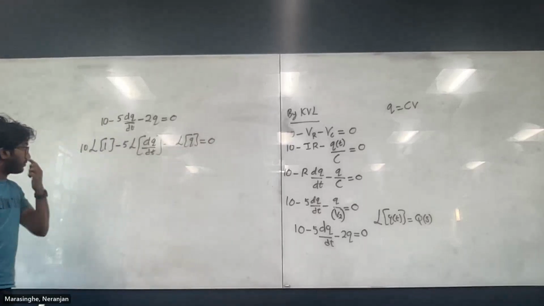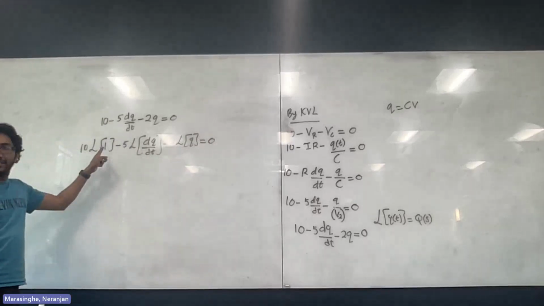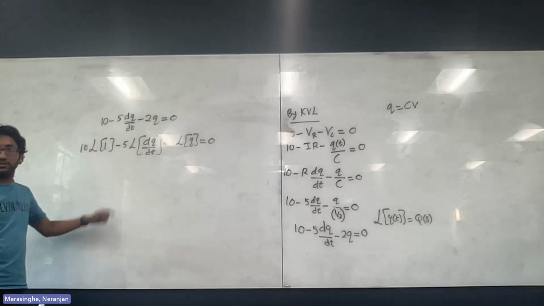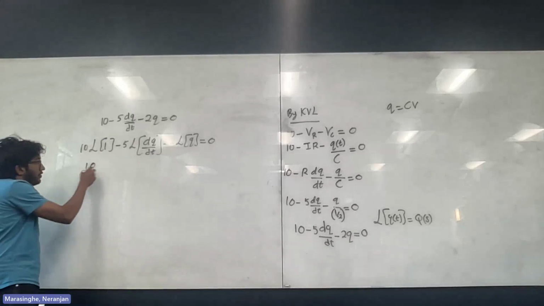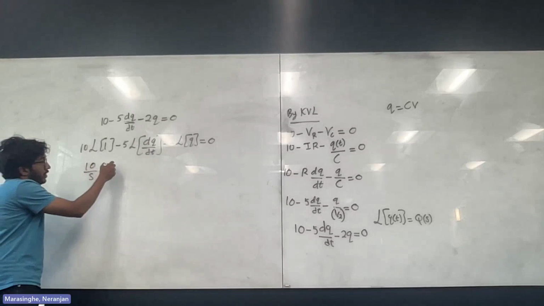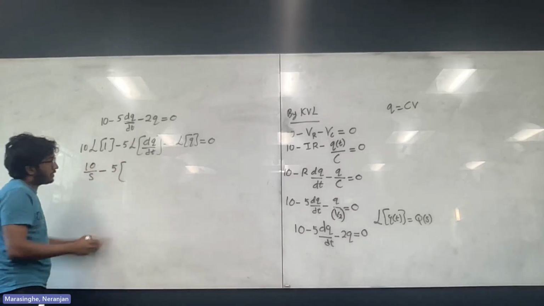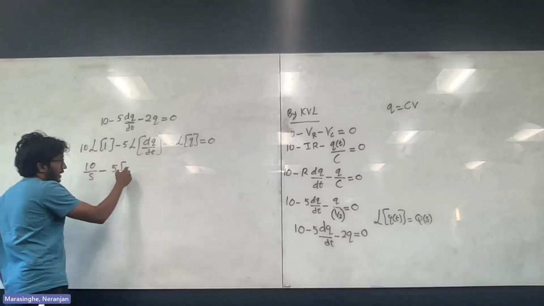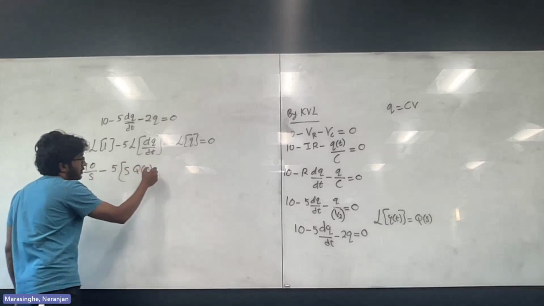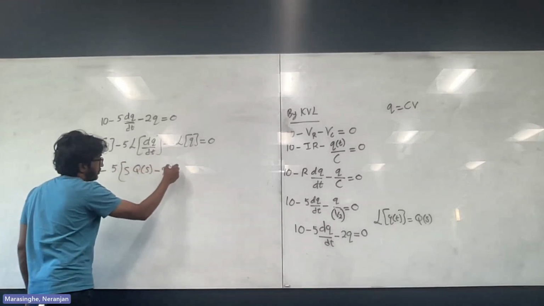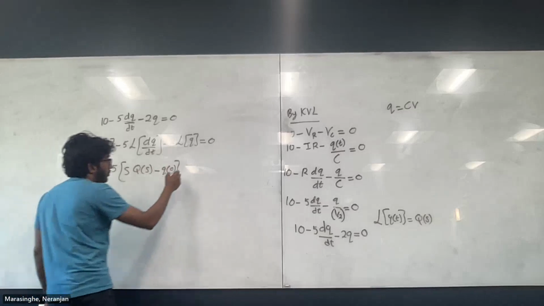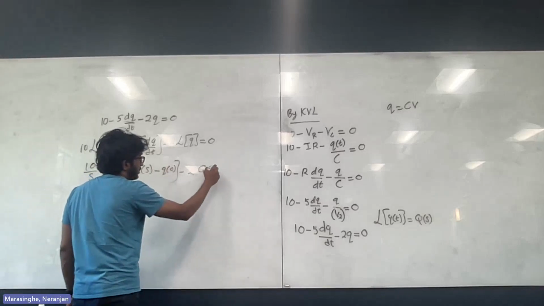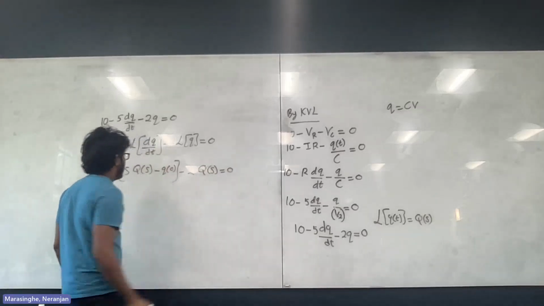The Laplace transform of 1 is 1 over s, so I get 10 divided by s minus 5 times (s times Q(s) minus Q(0)) minus 2 times Q(s) is equal to 0.